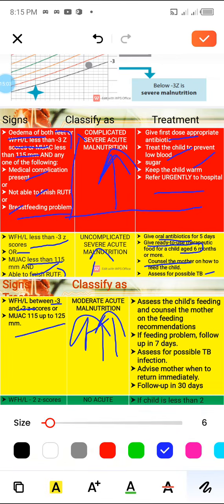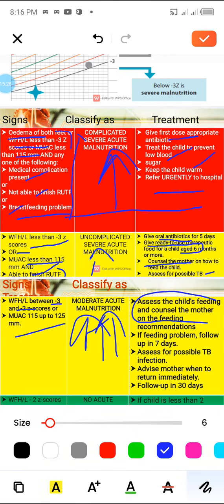So if you find that the child has been brought to you with malnutrition, but then the MUAC and weight for height are scoring such, what do you write under your classification? You're going to put moderate acute malnutrition. Then where do you take these children? You're going to assess for feeding and counsel the mothers. That's what you do. Okay.